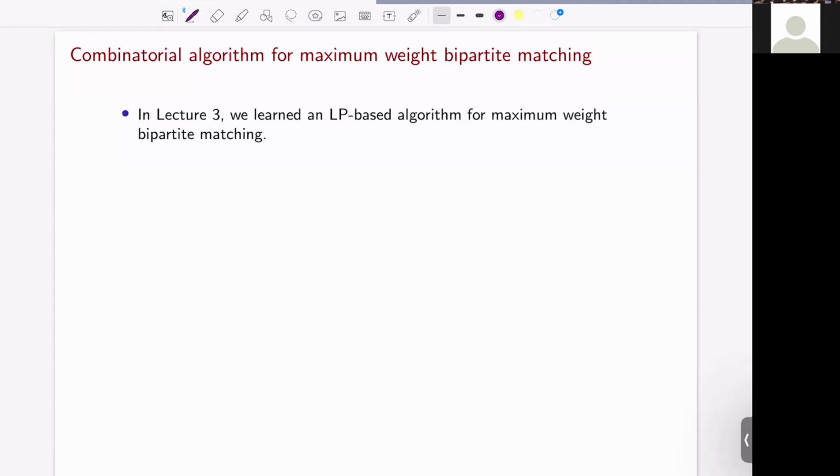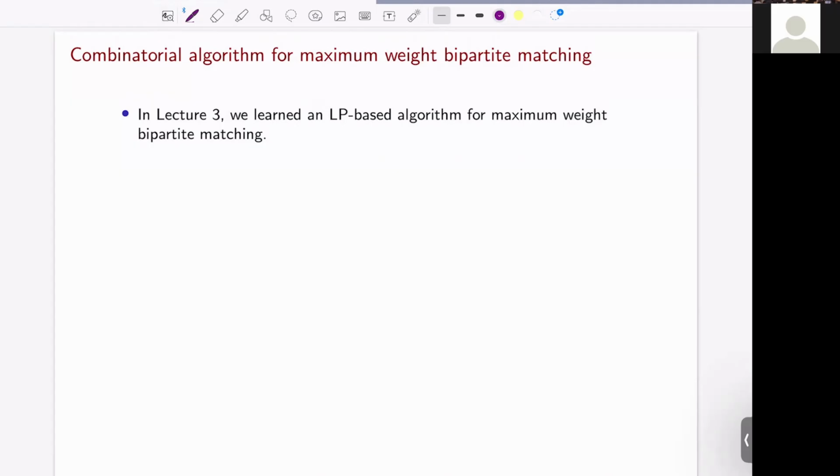Yesterday we talked about a linear programming based algorithm for computing a maximum weight bipartite matching. The idea was that we saw an LP relaxation, and if it gives us a maximum matching, then we are good. If not, we perturb the components of the solution, and we recover a matching with the same objective value.